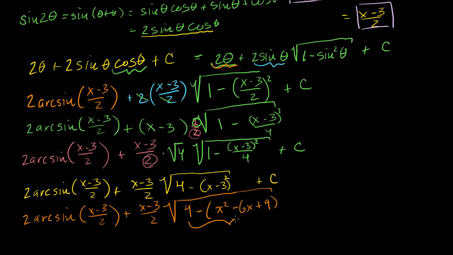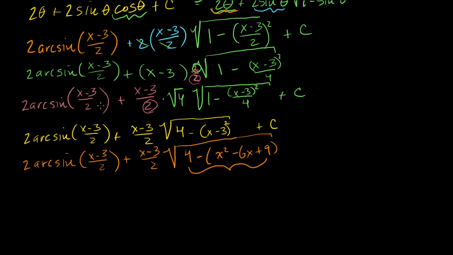And then this expression right here simplifies to, minus minus, it's 6x minus x squared, and then you have 4 minus 9, minus 5, which was our original antiderivative. So finally, we're at the very end.